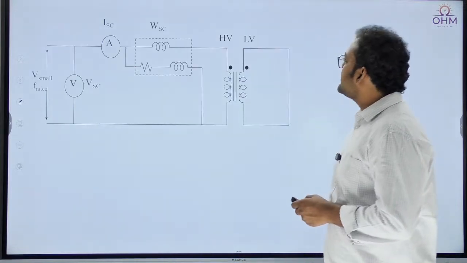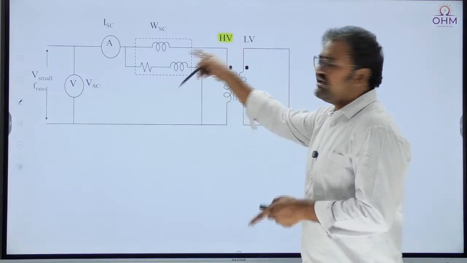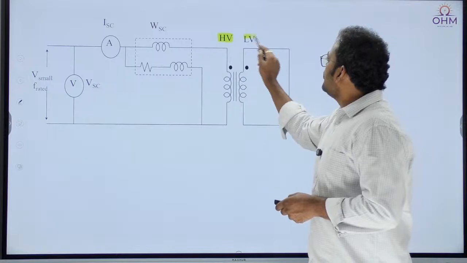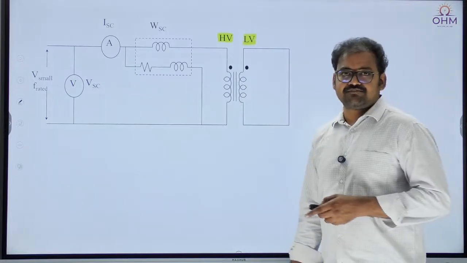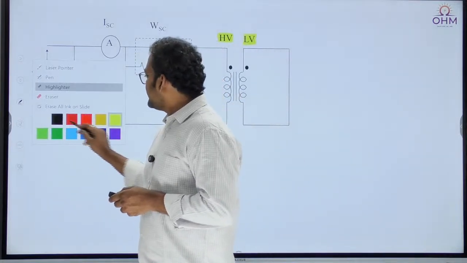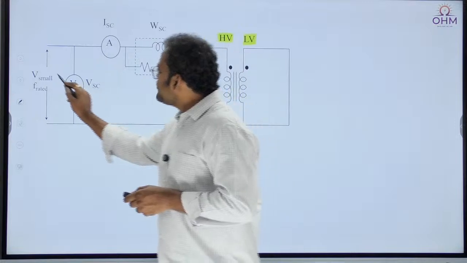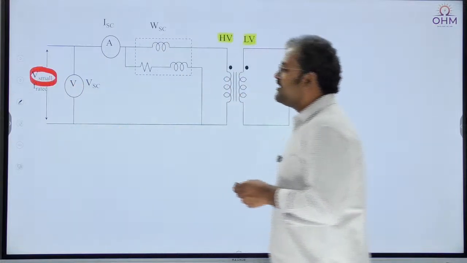Now you can see this arrangement here. The high voltage side is the primary where excitation is given. The low voltage side is the secondary where the short circuit happens. And remember, as the secondary is short circuited, a small voltage is sufficient to circulate rated current.